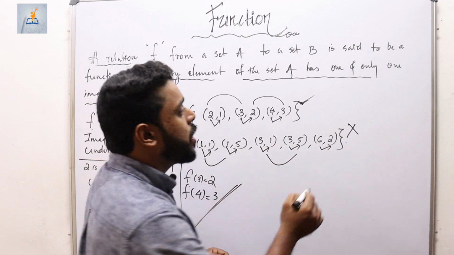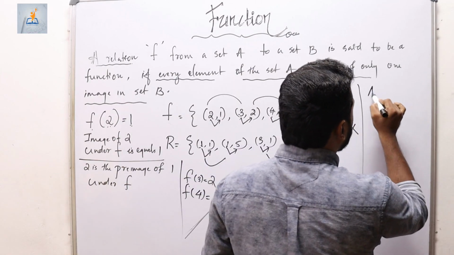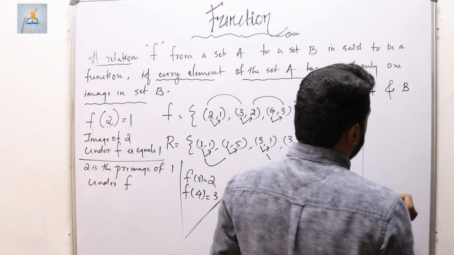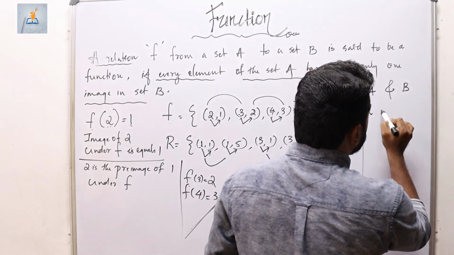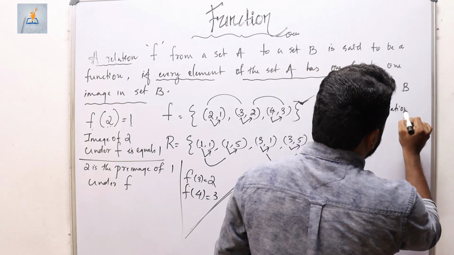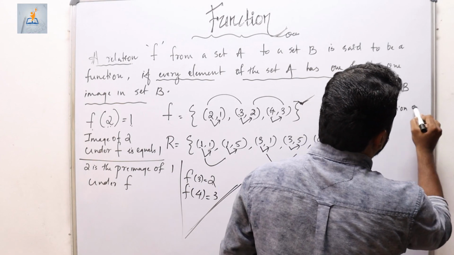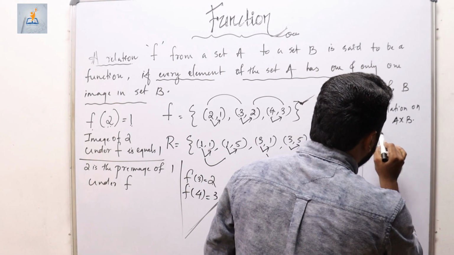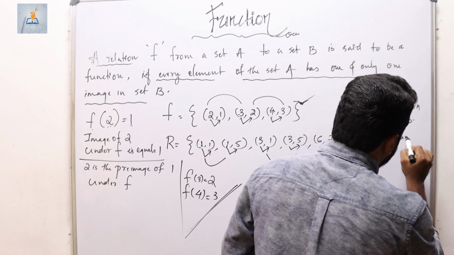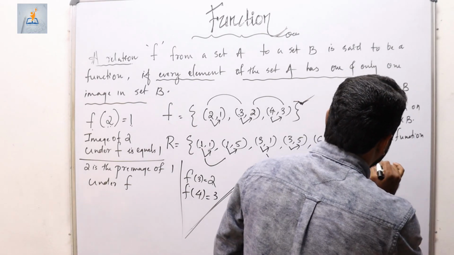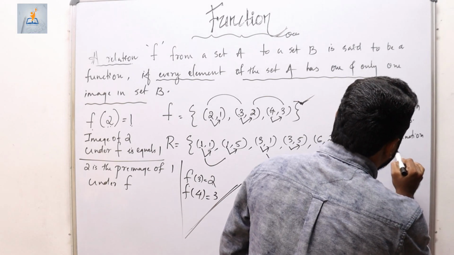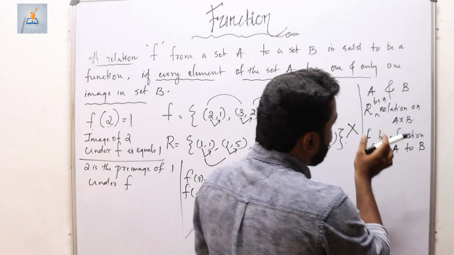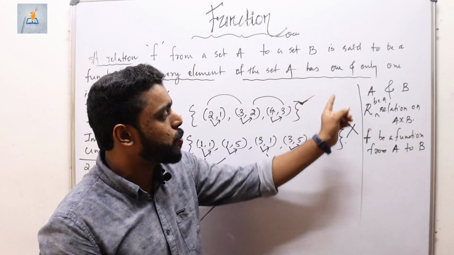So in general, suppose that we are provided with two sets A and B, and let R be a relation on A cross B. Let f be a function from A to B, which means that this R satisfies this property.